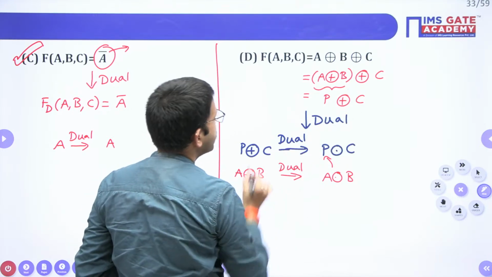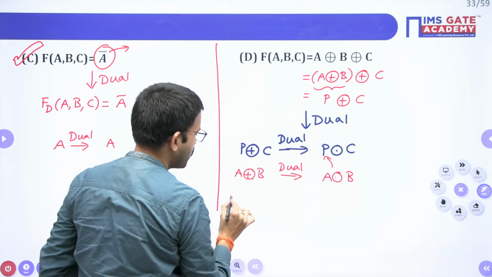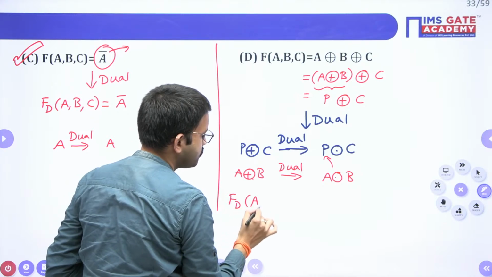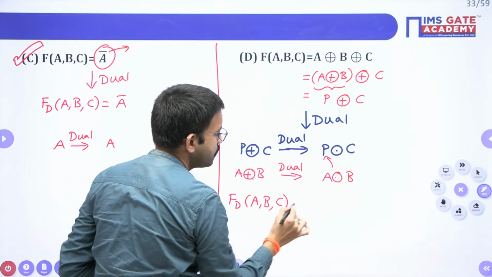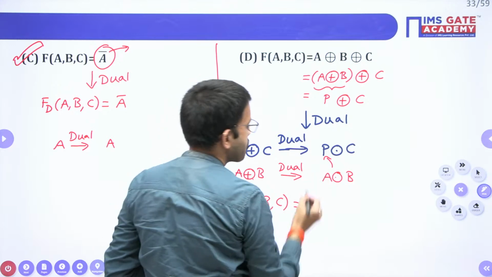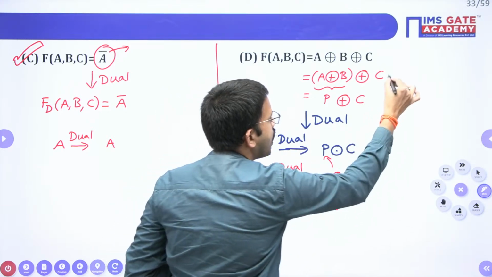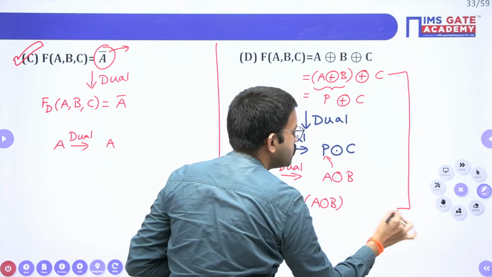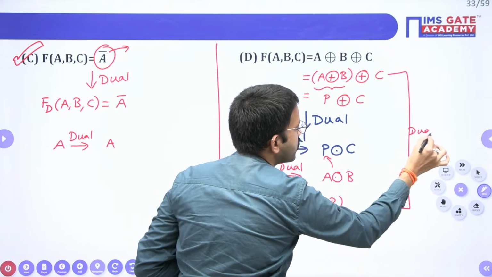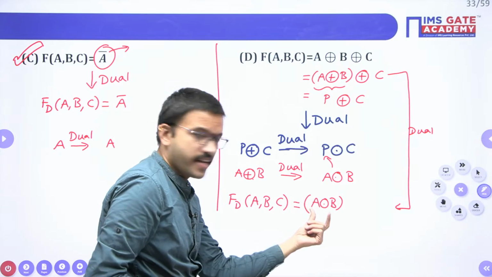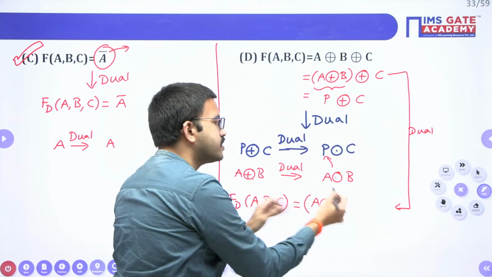So the dual of the given function, FD of ABC, is first A XNOR B. Just carefully observe this: regarding A XOR B, you get A XNOR B, and that entire thing is like a single variable.